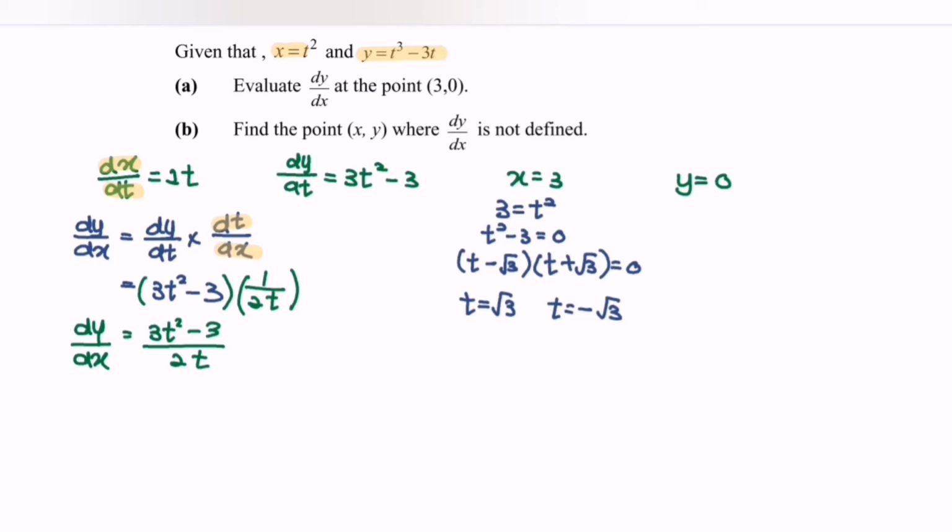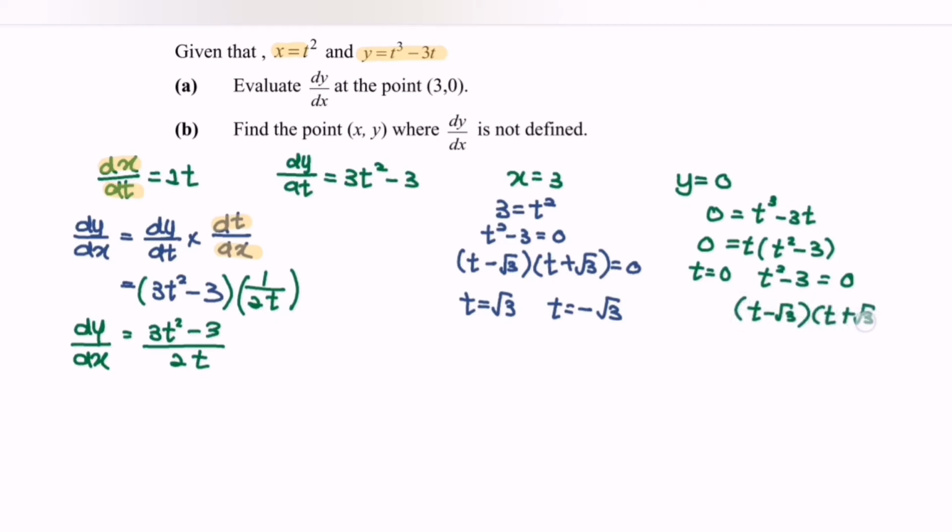So if we substitute the 0 into the equation, we have 0 equals t cubed minus 3t. After we factor, we will have t(t squared minus 3) equals 0. So t equals 0, or t squared minus 3 equals 0. If we factorize, we will have (t minus square root of 3)(t plus square root of 3) equals 0.